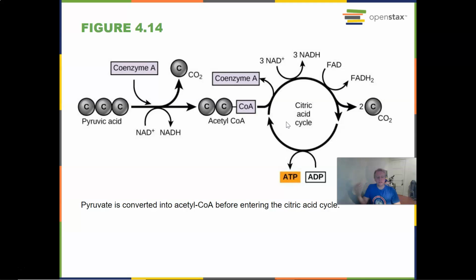I want you to know conceptually that you take a glucose, you break it into pyruvate, then you take those pyruvate, you put them into the mitochondria and remove a carbon, which is where your first carbon dioxide comes from, and you continue breaking that molecule down in this cycle where you get more carbon dioxide and you get more electrons.